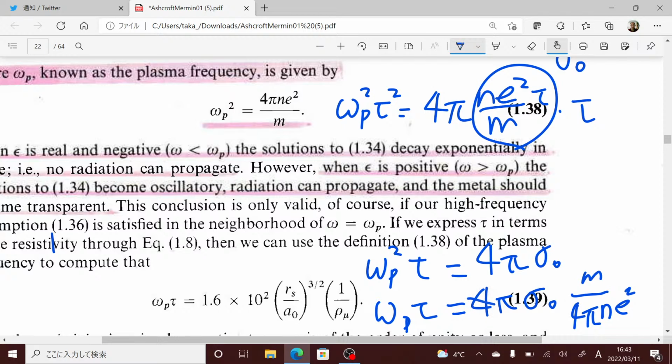Yeah, so 4 pi is cancelled. Then I don't know how to cancel e square.